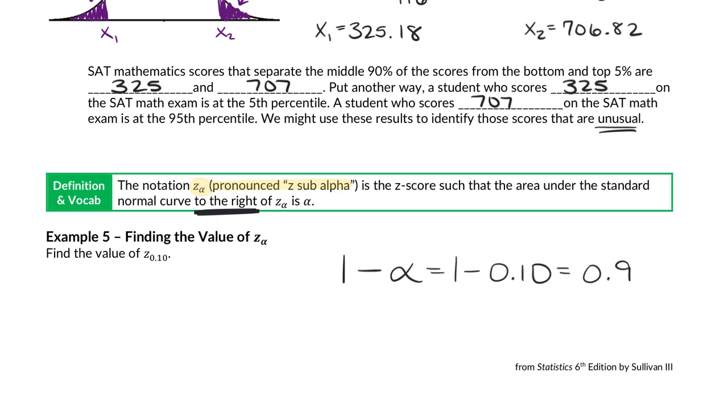So we are looking on our table for the area of 0.9. So scavenger hunt through your document, try to find the closest thing to 0.9. Basically, we're looking for where it changes from 0.89 to 0.90. Where would that be?